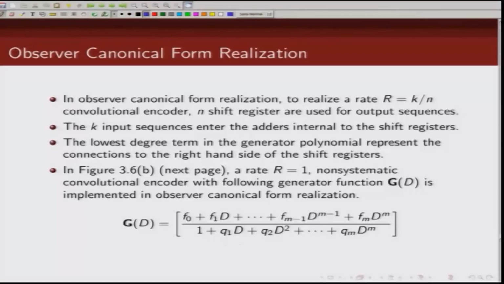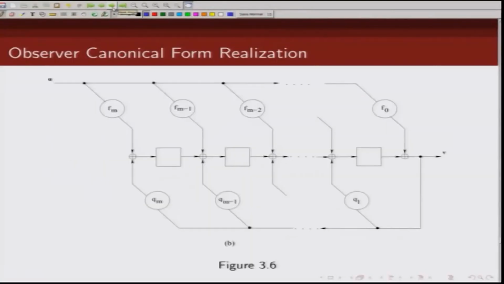So let us take the same example that we considered earlier. We are considering the same generator matrix, and we are going to realize this generator matrix now using observer canonical form realization. Again here k is 1, n is 1, so we have one set of shift registers.